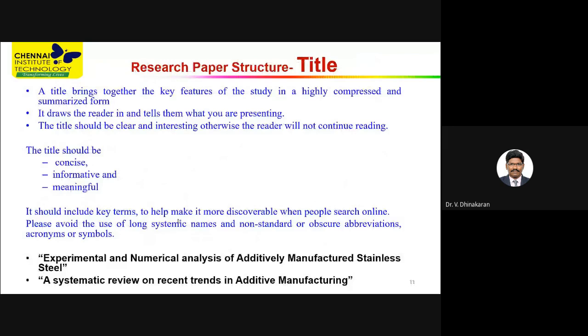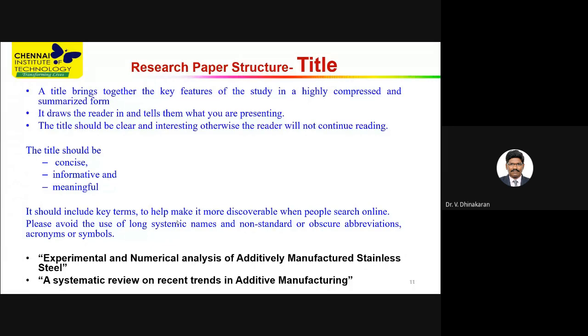So, the research title. The title plays a major role. The title should be very concise. It should readily expose the information to researchers. It should be very informative and very meaningful. These are the characteristics of a title.